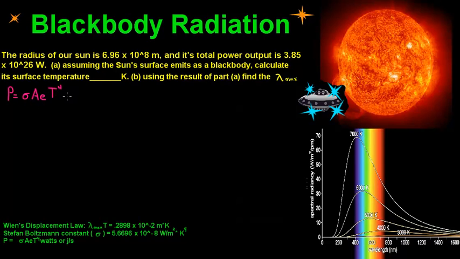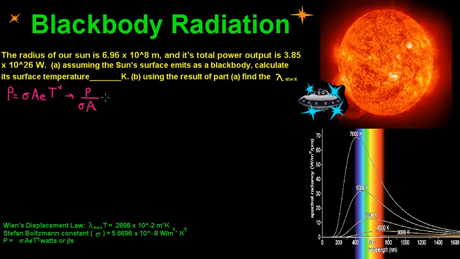Okay, so we can rewrite this because what we need to find is T. And so we can rewrite this as P divided by sigma times A, the area, and we can just leave that little E alone because it's just 1.